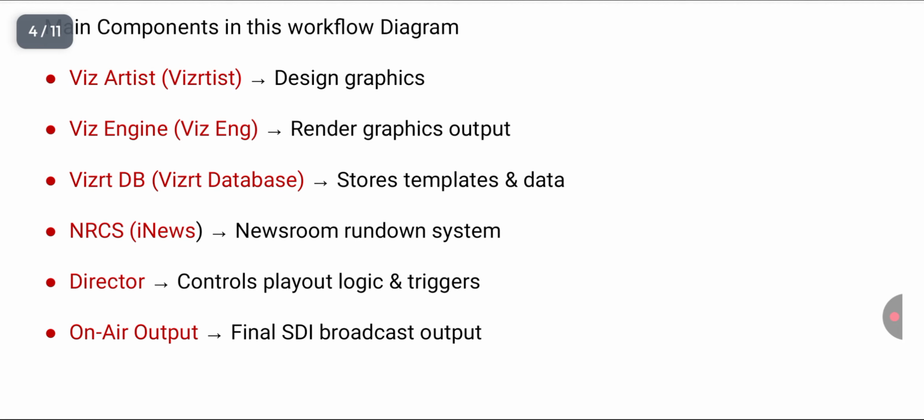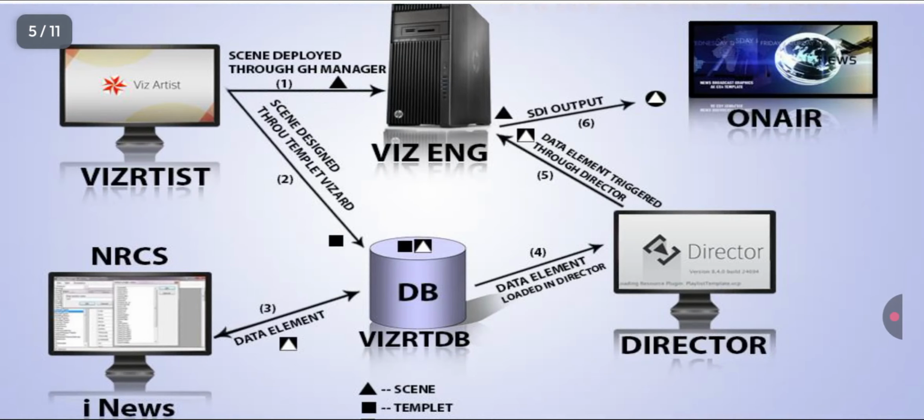NRCS, iNews, are newsroom rundown systems. Director controls playout logic and triggers. On air output is the final SDI broadcast output. So I hope we are already aware which component is dedicated for what. So let me complete this one.